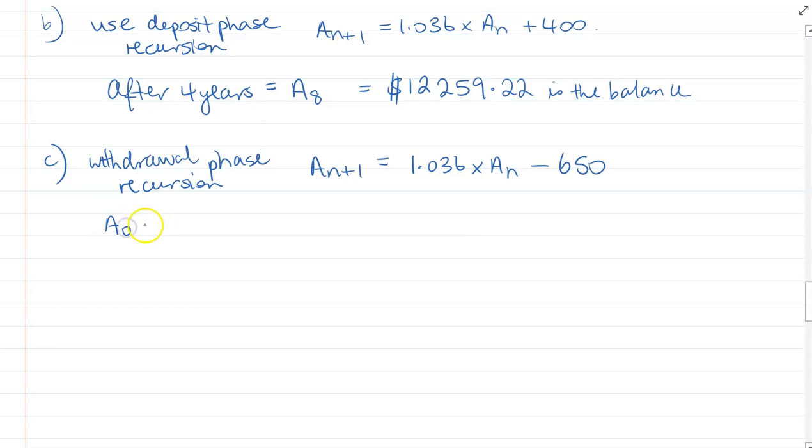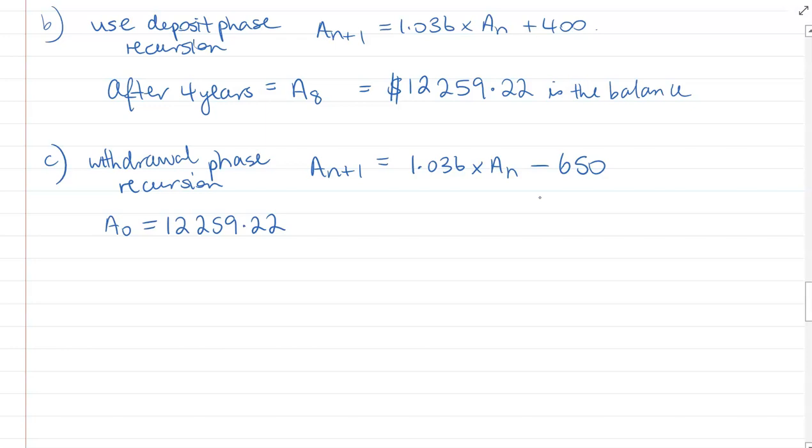So what happens now is that our new principal amount becomes the balance that we finished off with after 4 years. So that's $12,259.22. That being the new principal, I simply apply the recursion formula to that.